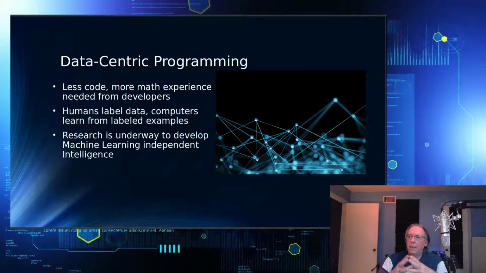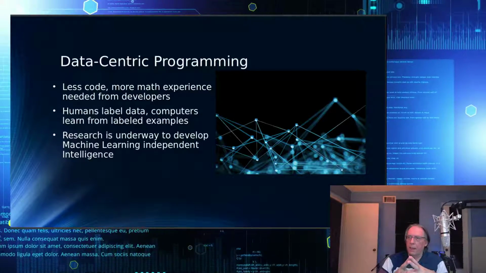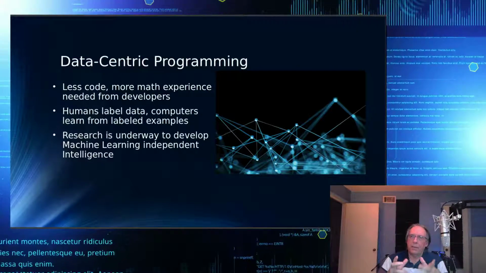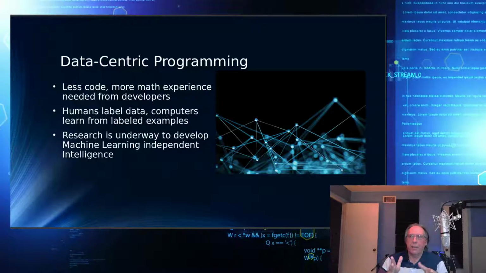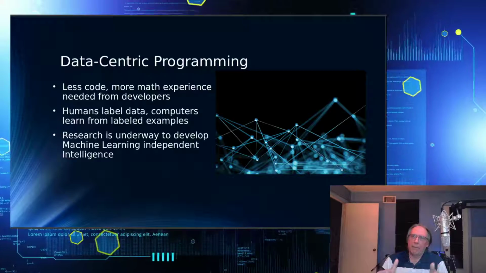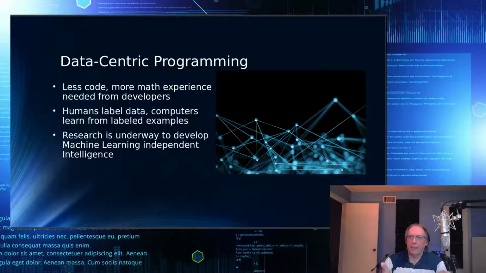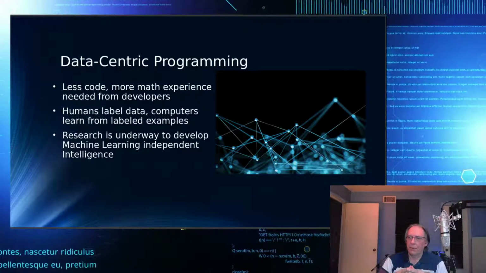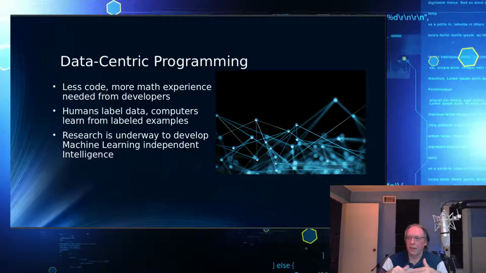So the other part of it is data-centric programming. And that's using a lot less code. In AI, you use more math than you do code, and humans still have to label the data someplace, I mean, in the steps in order to perform the learning steps.